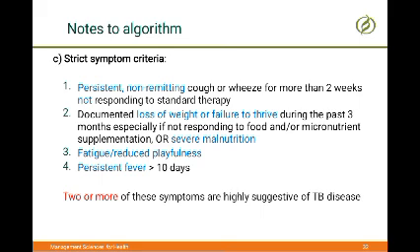Documented loss of weight or failure to thrive during the past 3 months, especially if not responding to food and/or micronutrient supplementation or severe malnutrition. 3. Fatigue or reduced playfulness. 4. Persistent fever greater than 10 days. Two or more of these symptoms are highly suggestive of TB.